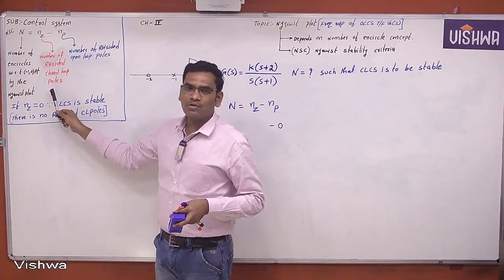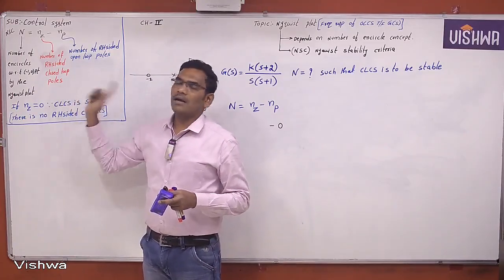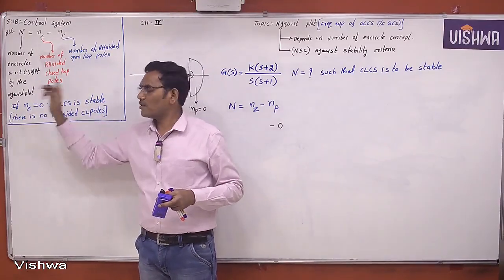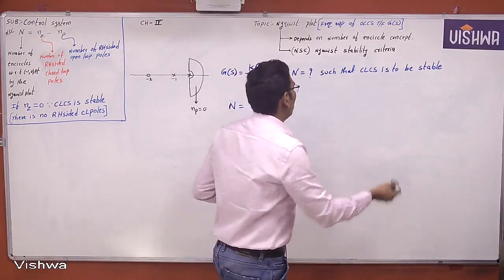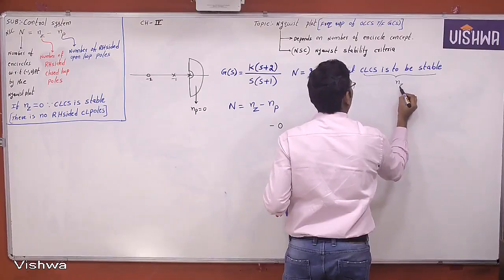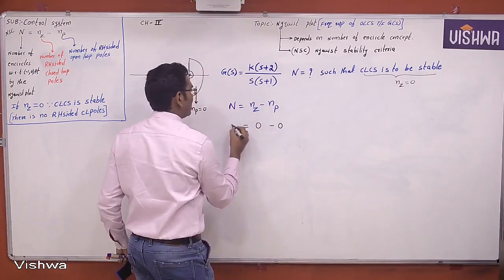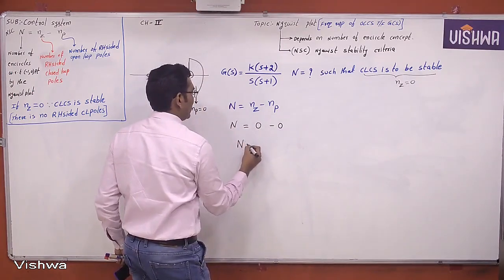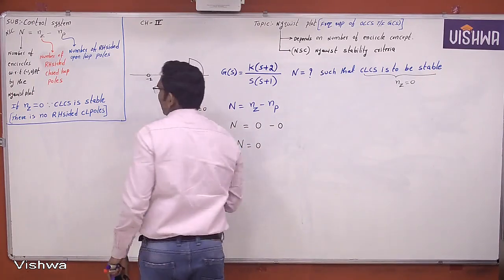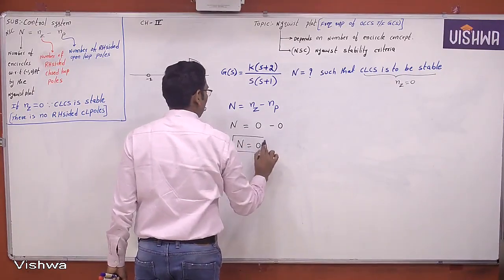None of the closed loop poles are in the right hand side, all are in the left hand side, so the system is stable. Therefore NZ equals 0. Then he is asking what should be the number of n circles. The number of n circles with respect to the -1 comma 0 point is 0. This is the correct answer.